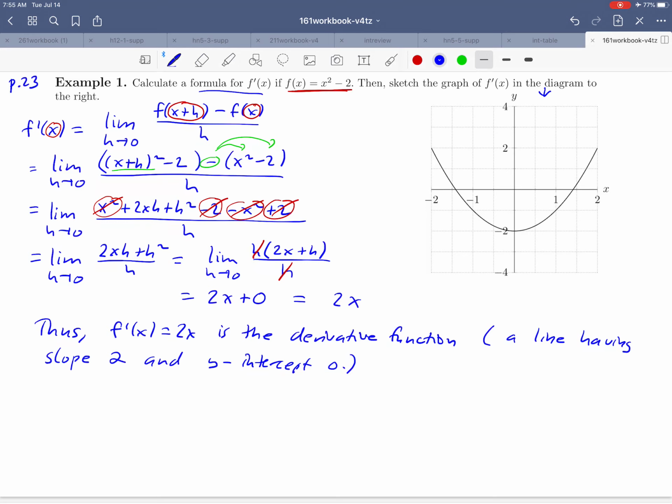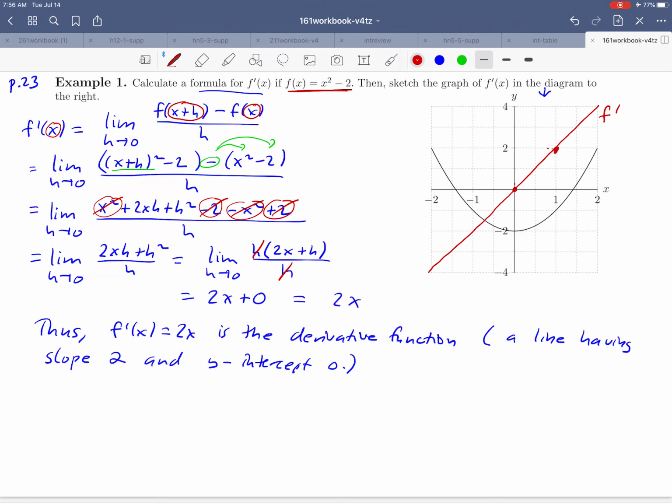Okay, so to graph the derivative function, we just need to graph a line whose slope is 2 and whose y-intercept is 0. Okay, so we'll start with the y-intercept of 0, and a slope of 2 means that we're going to go up 2 and over 1. Notice the scale. There's 2 and there's 1. Okay, and so we get a point there, and if you got a few other points, you would notice that they all lie along this line that I'm drawing. Okay, and that line is the derivative function that we just calculated.